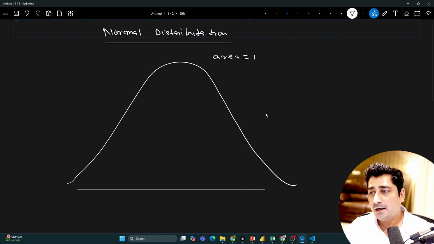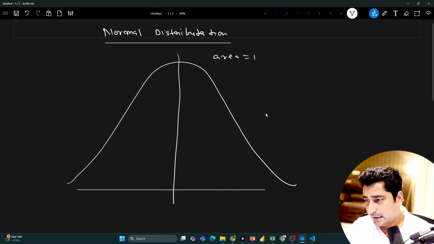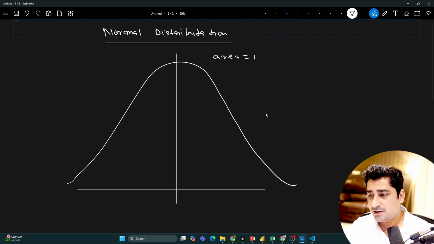Whenever we are talking about this bell-shaped curve, it forms itself based on the mean, which is the average, and the standard deviation. Let's suppose I have considered a data set of hundreds of data points.